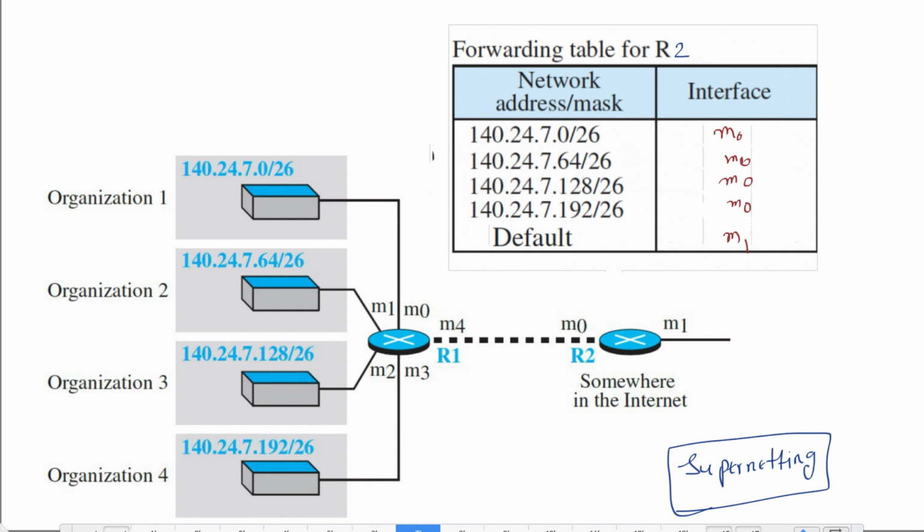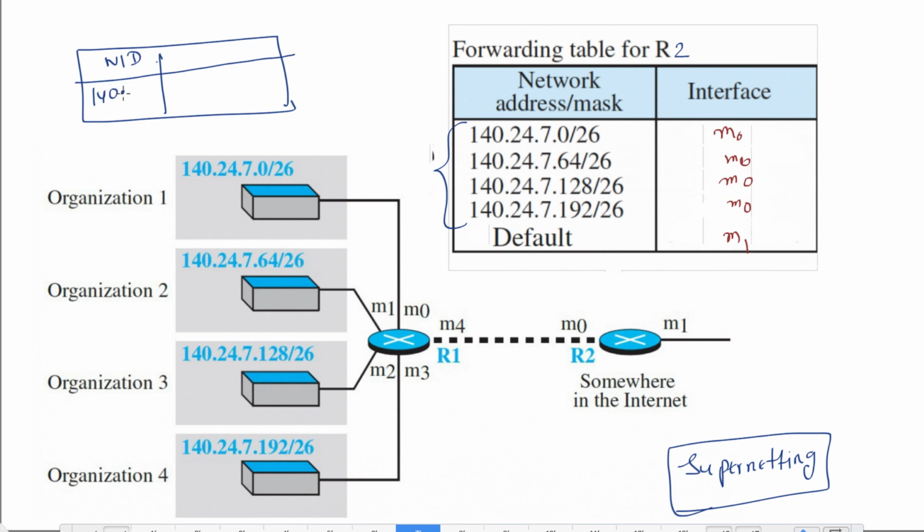Instead of saying M0, M0, M0, let me give you a brief idea. Instead of these four rows, it can just have one row that says if the network ID starts with 140, that is 140.x.x.x, then the interface should be M0. Otherwise, the interface should be M1.